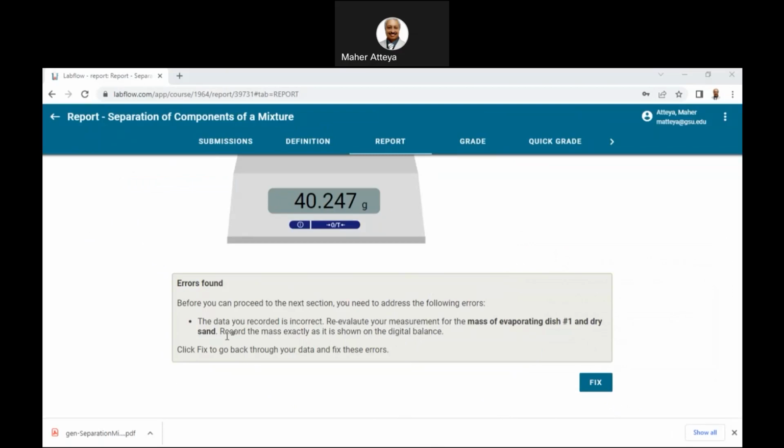An error had occurred, and we have to correct it. So here it is. The error says that we have entered, and this is really good that we have entered an error.